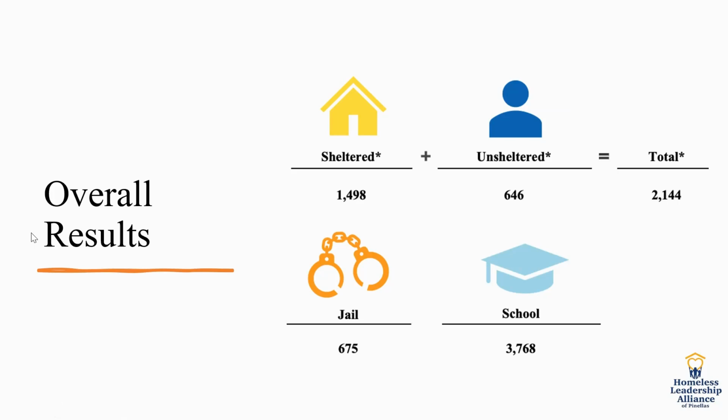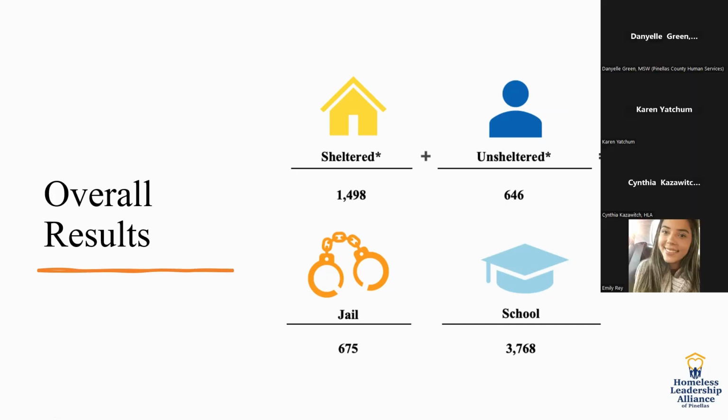The school data is obtained throughout the school year. So when students enroll, they complete a questionnaire, and this will ask about homeless status. And then throughout the year, students may alert their teachers, social worker at the school, and then they will then enter them into a management system.